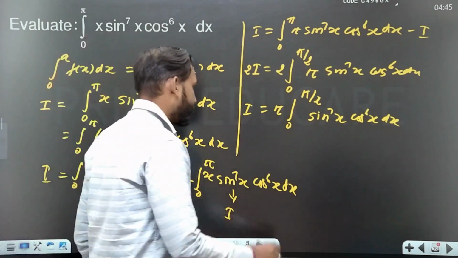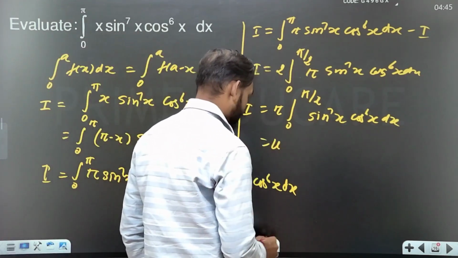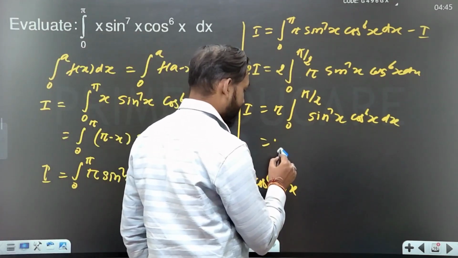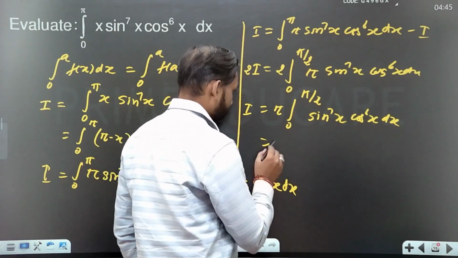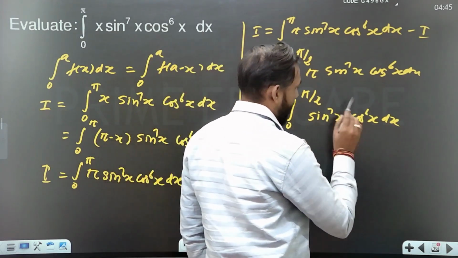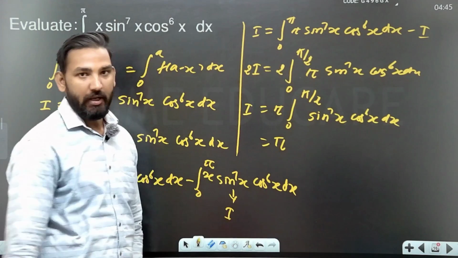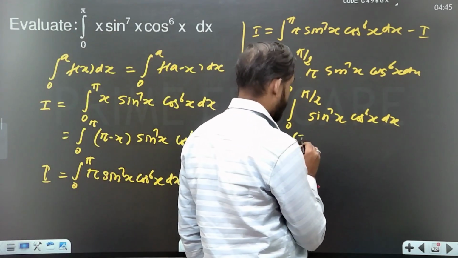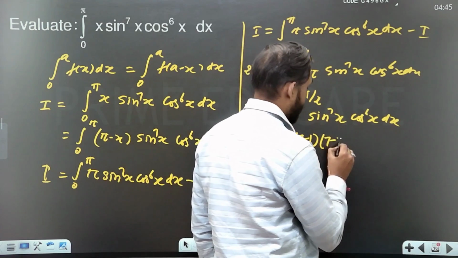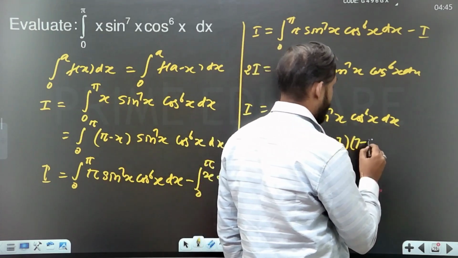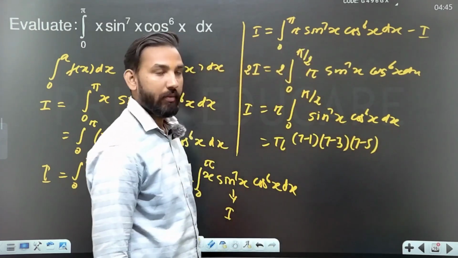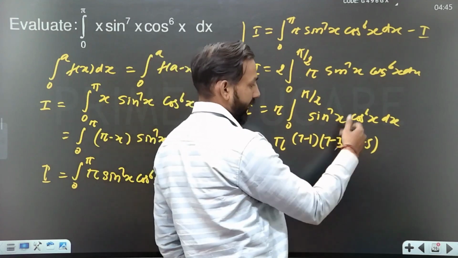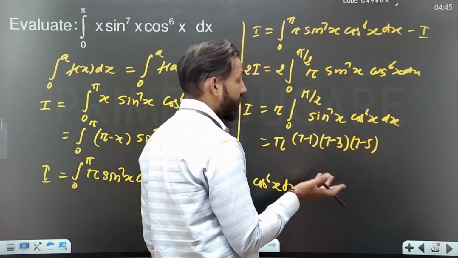Wallis formula here. What is the Wallis formula? Because m and n are both not even numbers, we can put 7 minus 1, 7 minus 3, 7 minus 5. These brackets are positive, and the next term is 7 minus 7, which is not allowed here.